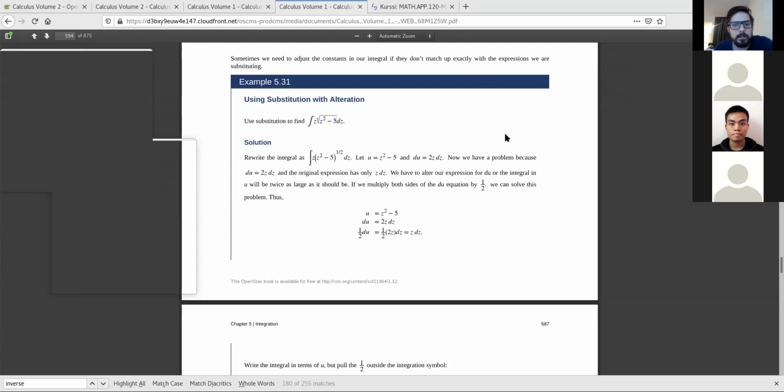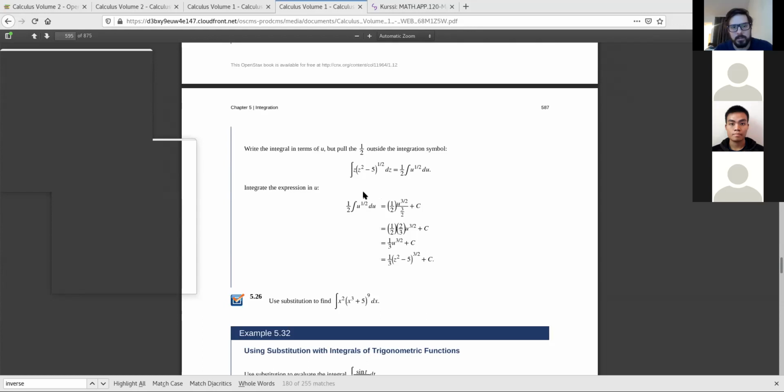But in order to get this 2z there, we'd have to multiply by 2, and then we also have to divide by 2 in order to balance it out. So you've got to understand that du is 2 times z dz, then z times dz is really 1/2 du.